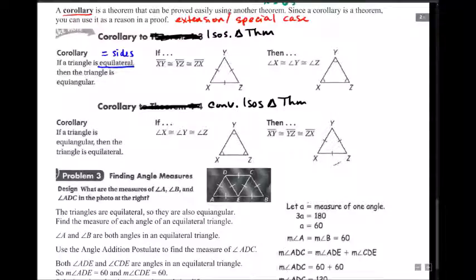Then the triangle is equiangular, so equal angles. So if our requirement here is equal sides, now, is this an isosceles triangle? What's the definition of an isosceles triangle? Well, the definition of an isosceles triangle is a triangle with two congruent sides.